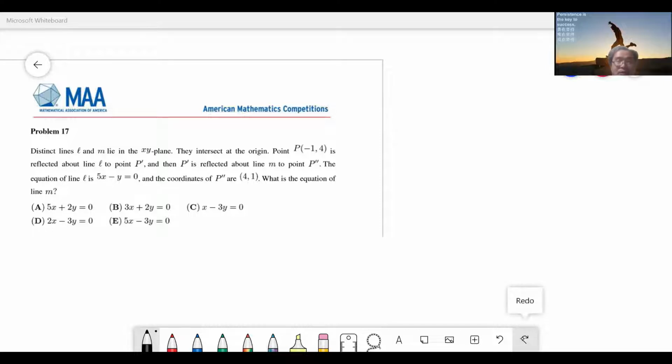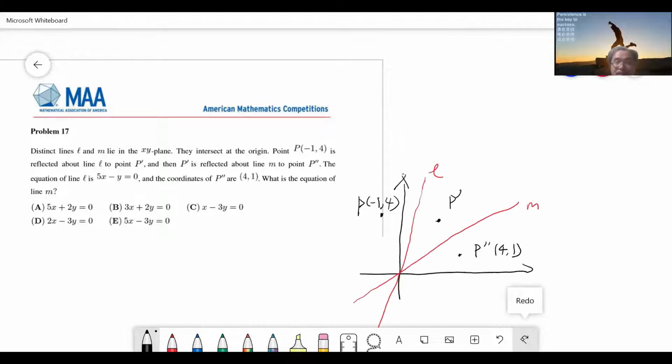So let's first draw a diagram. We have a coordinate plane. We have P, (-1, 4). Line L, 5x minus y equal to 0. You should notice the line has slope 5 and goes through the origin.